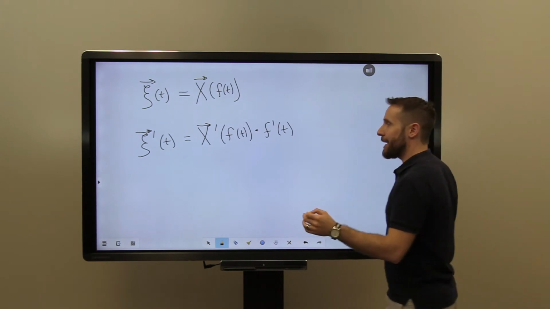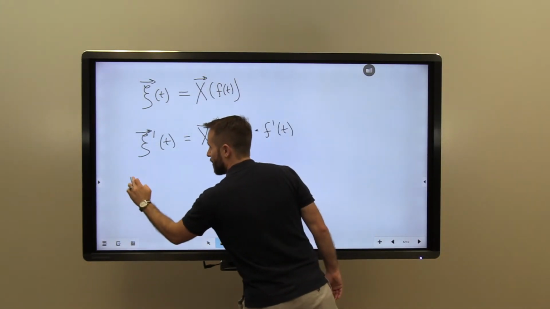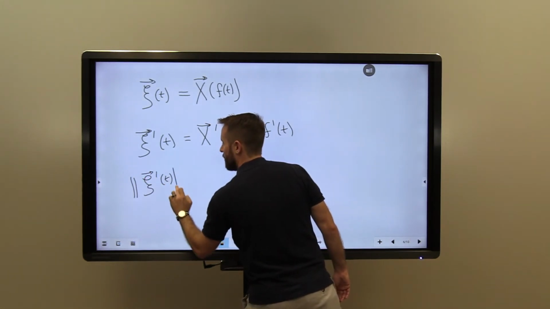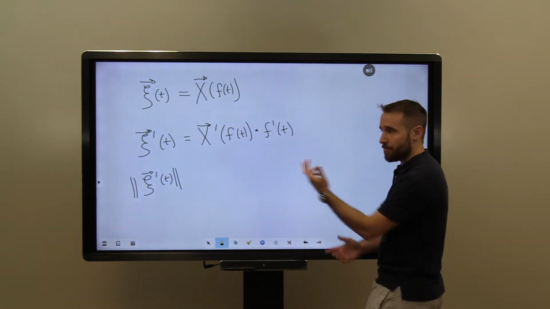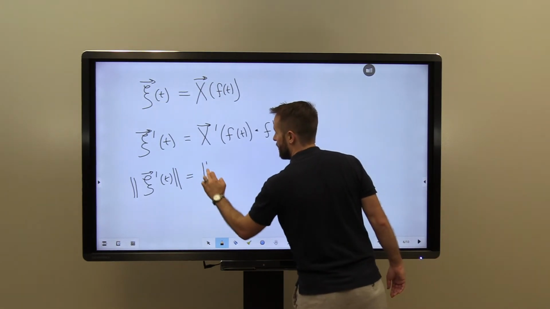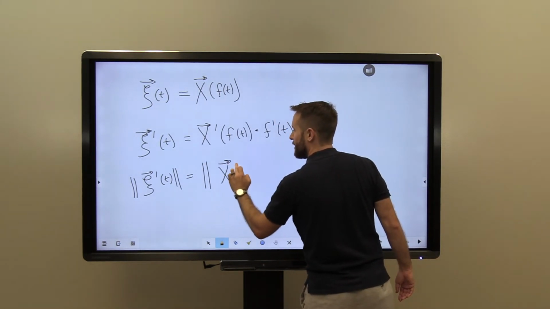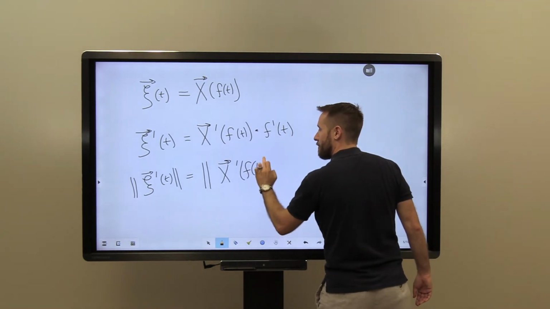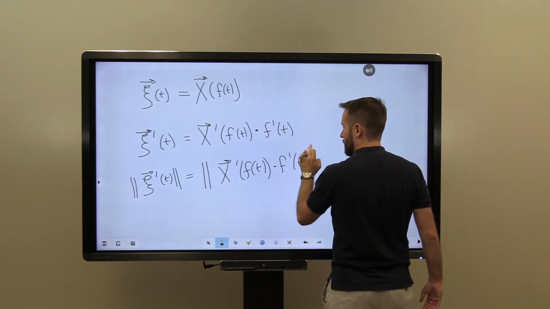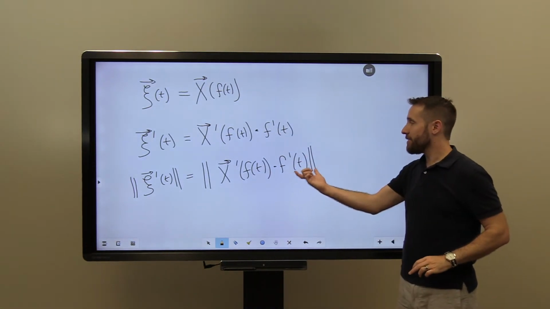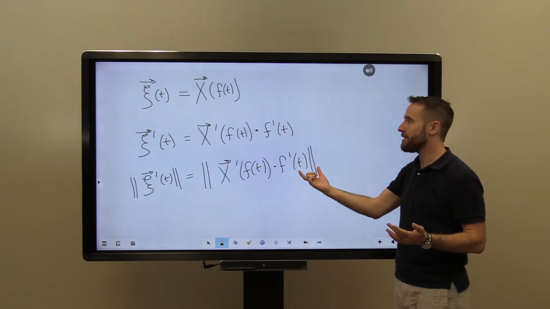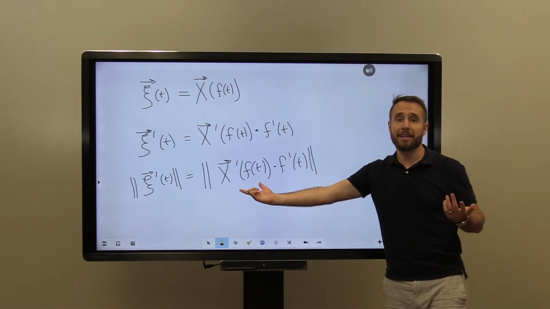Now, if we go to calculate the norm of this, the norm of xi prime of t is just the speed of the reparameterization. Well, that is going to equal the norm of this whole thing. So far, so good. But this piece right here, this f prime, that's just a scalar multiple that's rescaling the vector capital X prime.